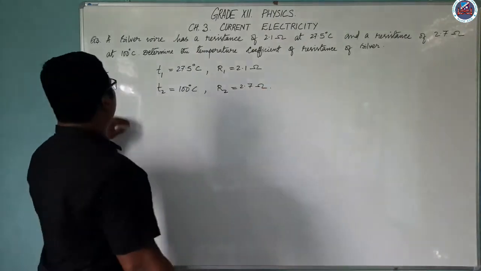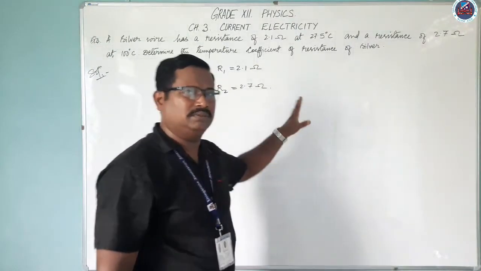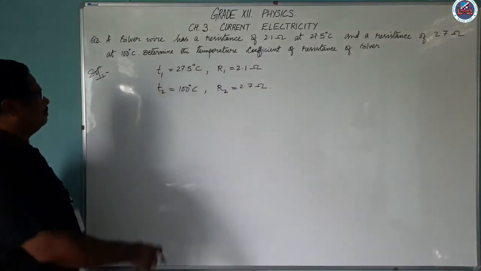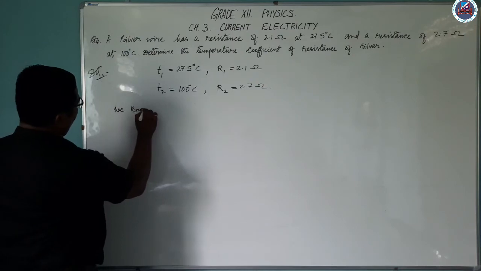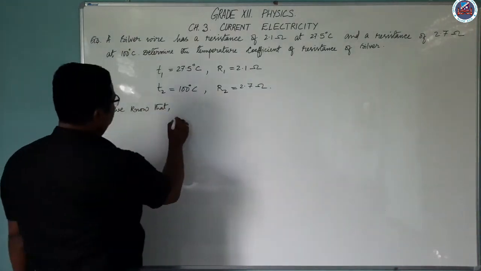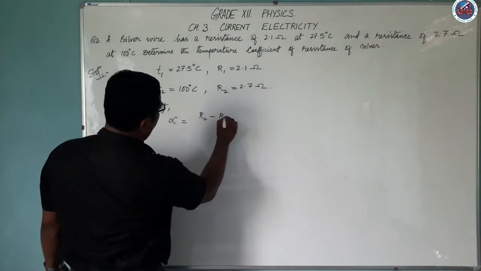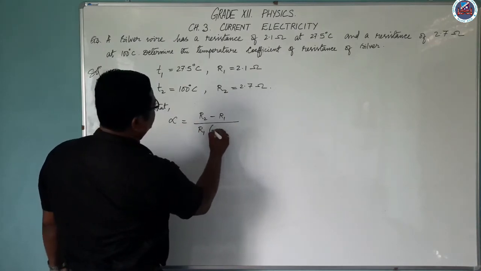From here you are asked to find out the temperature coefficient of resistance. They can ask resistance or resistivity, whatever. So what we'll do, we know that temperature coefficient of resistance alpha is equal to final resistance minus initial resistance divided by the initial resistance and the change in temperature.